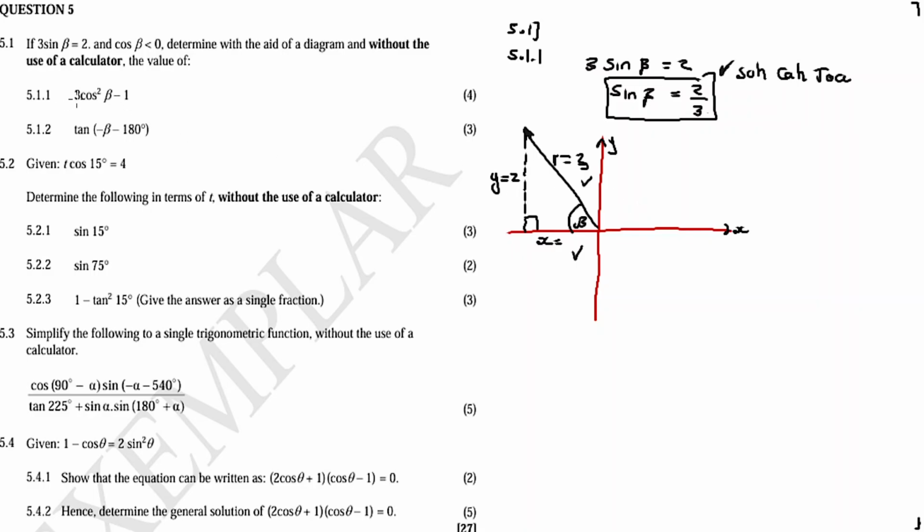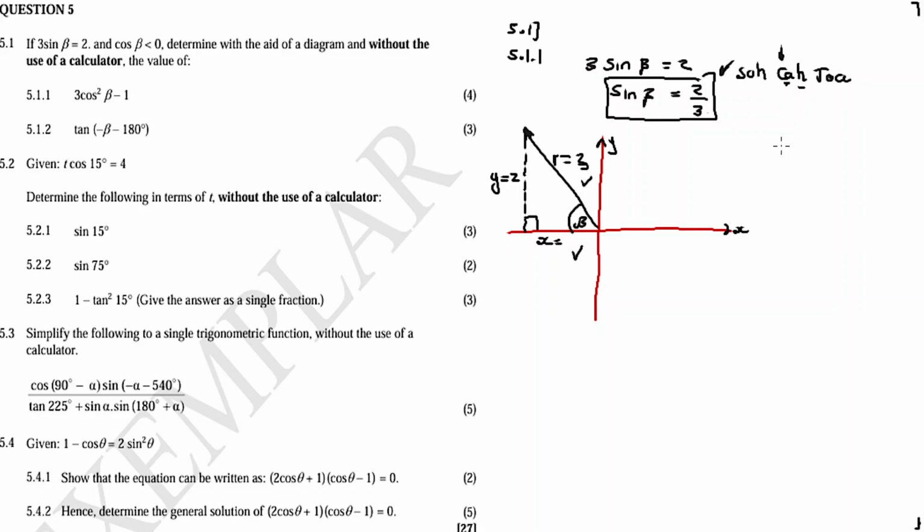For the question we want the value of 3 cos squared beta minus 1, so we should substitute for cos beta. The problem is cos is adjacent over hypotenuse, and I don't have x, so I can't substitute to get cos squared beta.